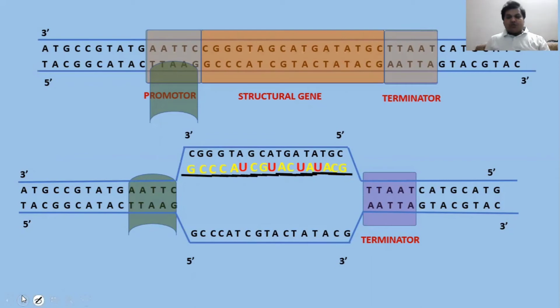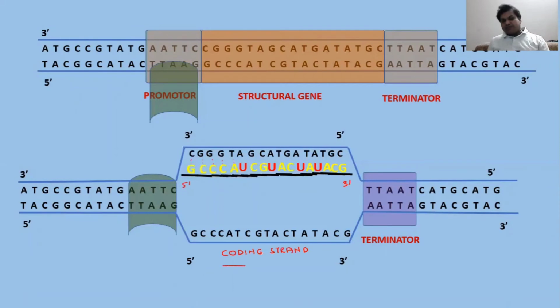Most of the time, students ask me, sir, mRNA is formed on this strand by base pairing, then why is the other one called the coding strand? For this, I answer the student, see, the mRNA which is formed has a direction of 5' to 3', which is the same as this strand.